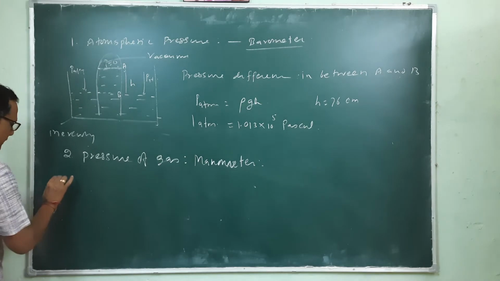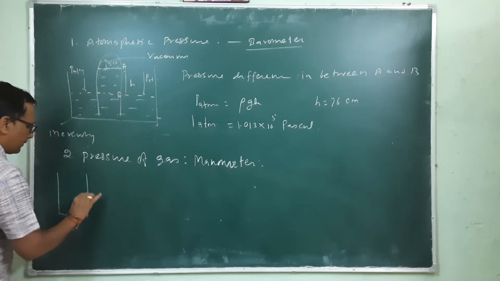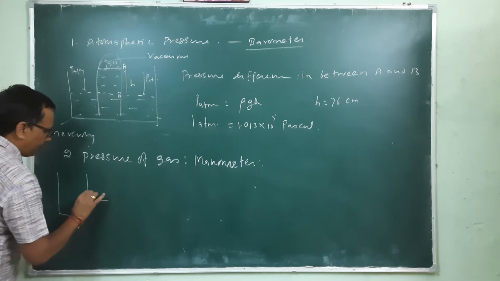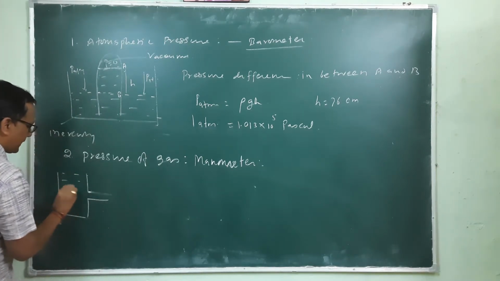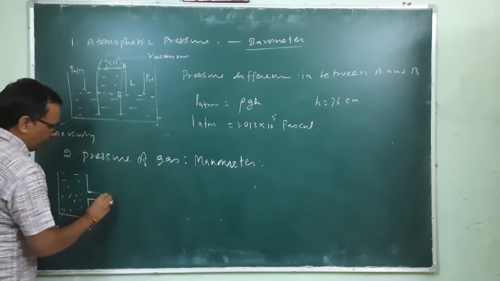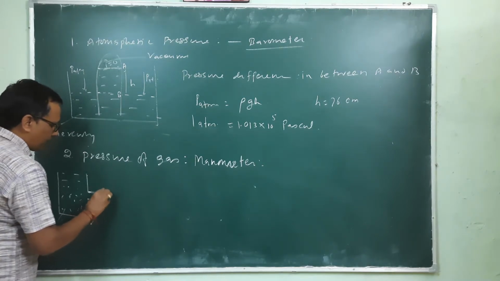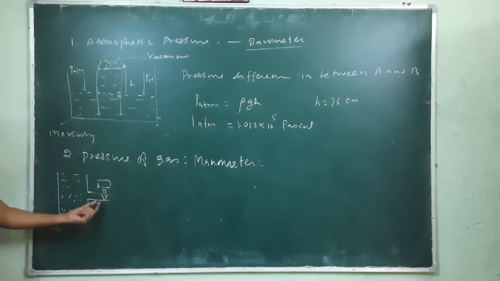The structure of this is that here is the gas chamber, and here this is the tube, and in this chamber gas is filled at a constant pressure. So this is the gas, and here one knob is used to block it. This is the valve.